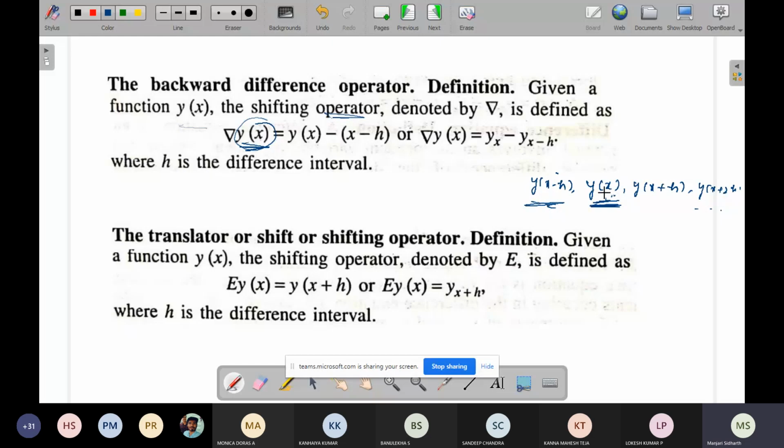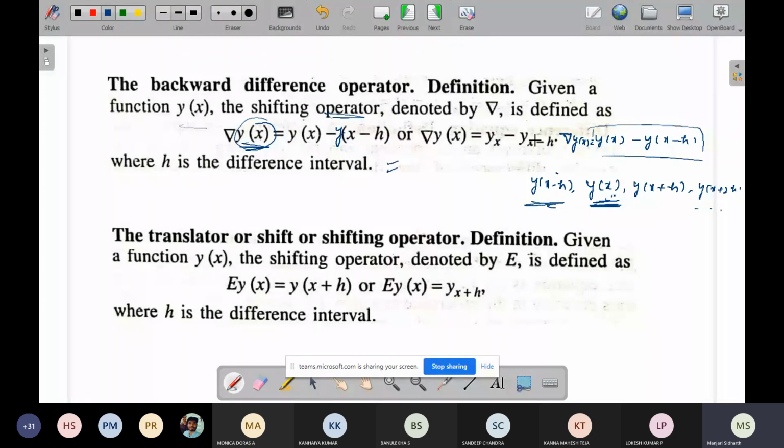So that is the backward difference operator. This is the backward difference, and the operator used here is called the backward difference operator. So yx minus y at x minus h. Here it should be y at x minus h. So it is the backward difference operator of yx, this. Or you can say y at x minus h.